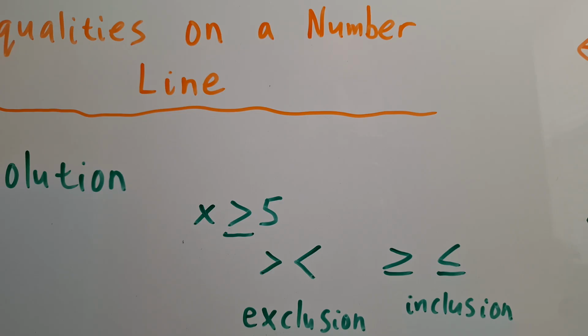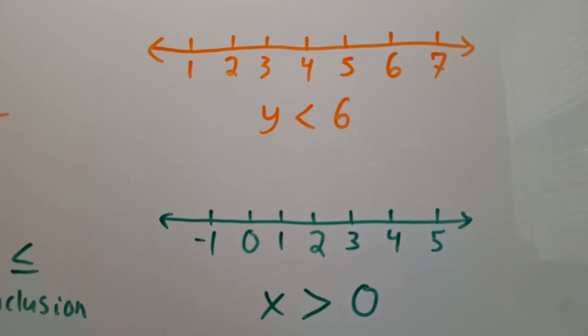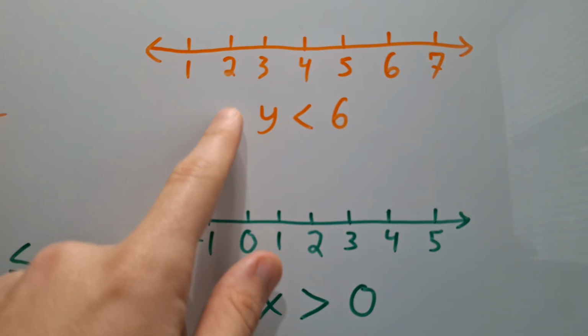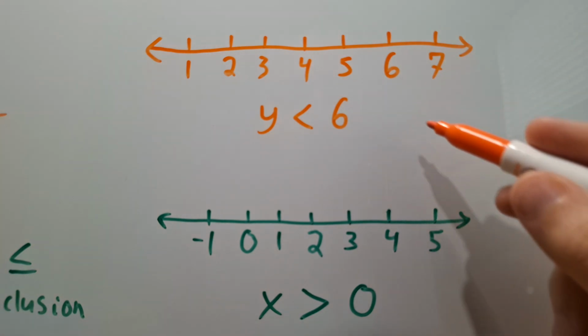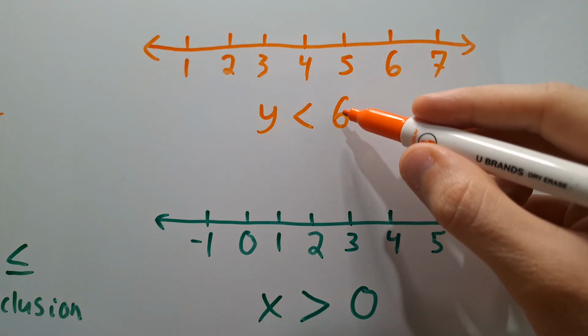Let's take a look at a few examples about how we graph inequalities. So we'll do this one up here first. This one says y is less than 6. When you're graphing inequalities on a number line, you have technically two ways that you can represent how to graph this.